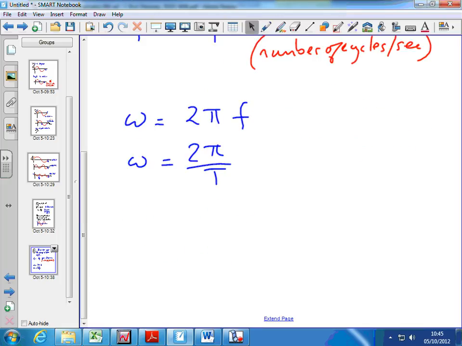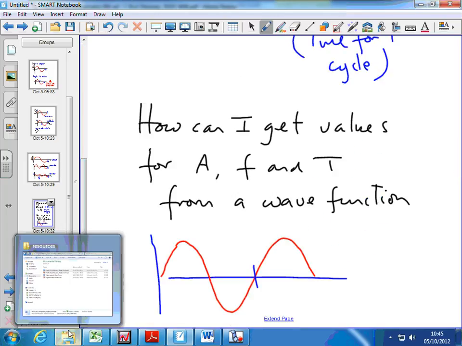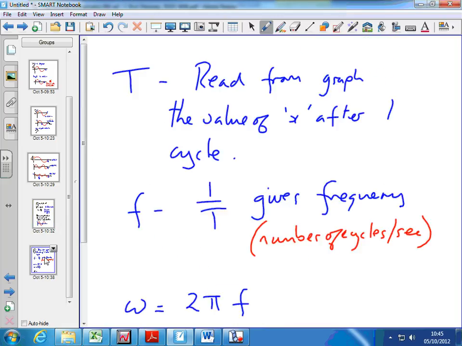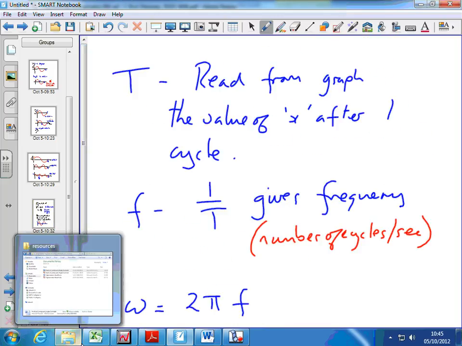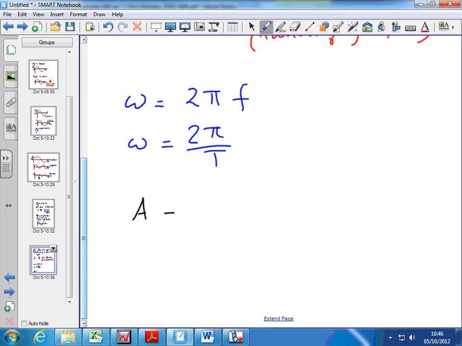And finally, amplitude. What do I do to get the amplitude from this sketch? Yeah, it's just the top point. So the amplitude is the peak value read off the y-axis.